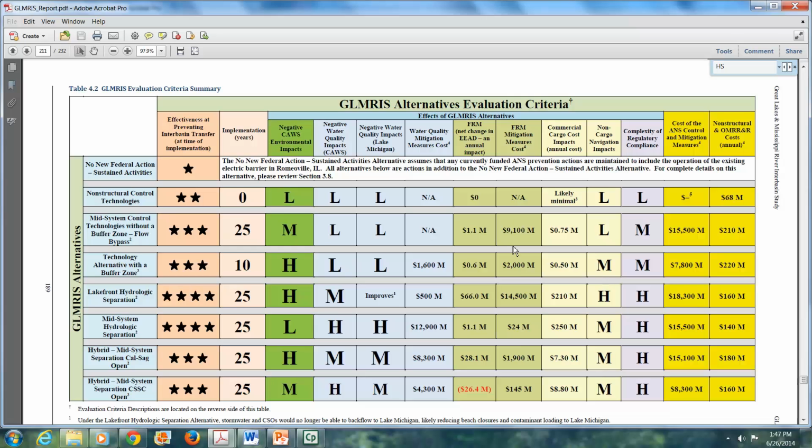We are now over in this column here. Then they looked at impacts on commercial cargo costs, non-cargo navigation impacts, the complexity of the regulatory compliance, and then the cost of the plan. So they took all of these criteria into effect in evaluating plans.